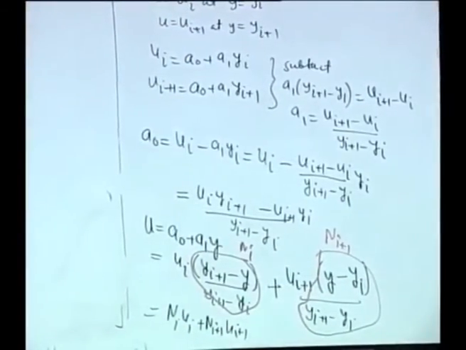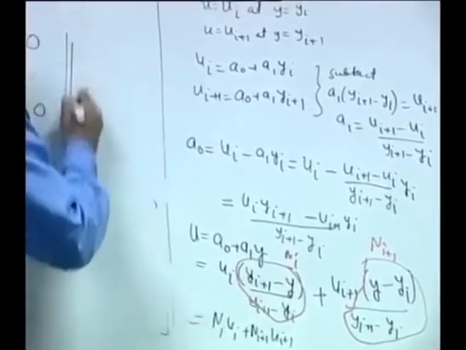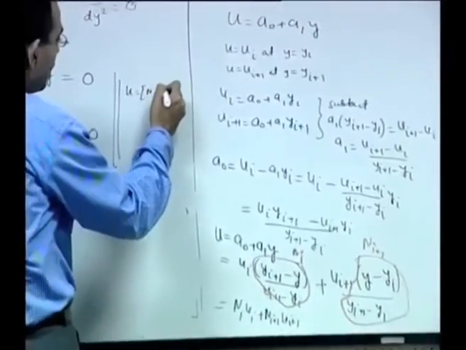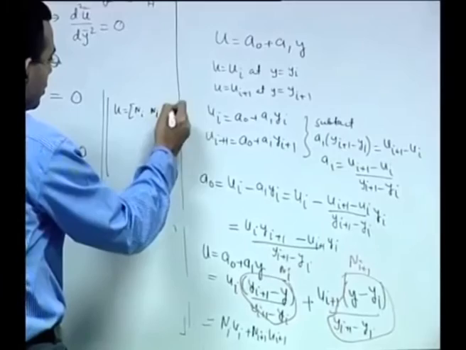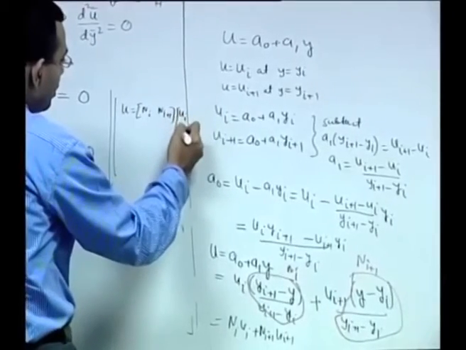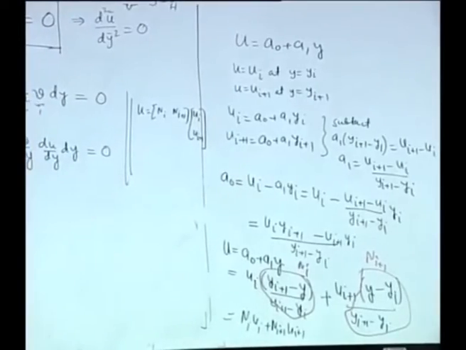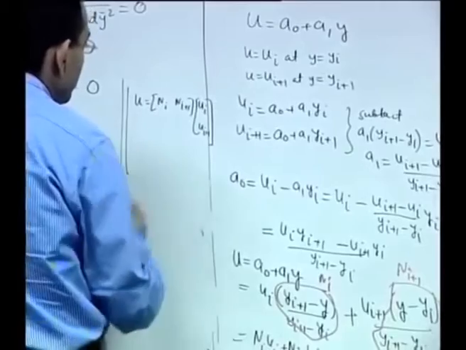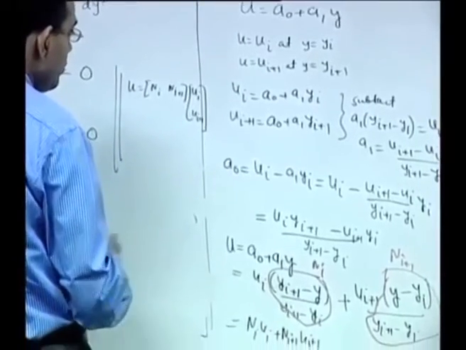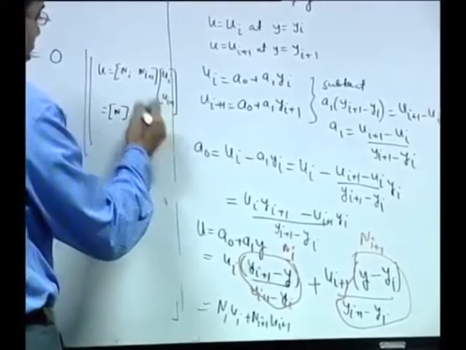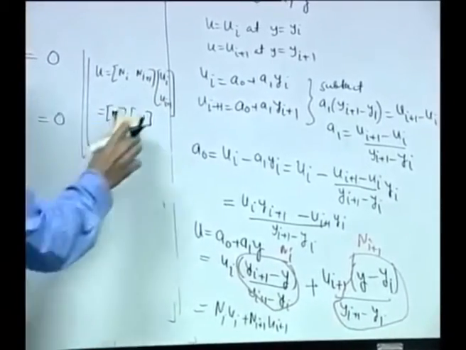So what you are essentially writing is that u is equal to N_i u_i plus N_{i+1} u_{i+1}. We call it the N matrix into the u vector.